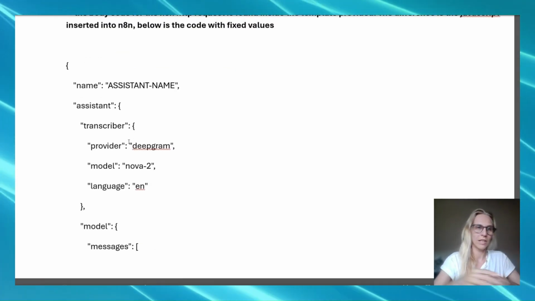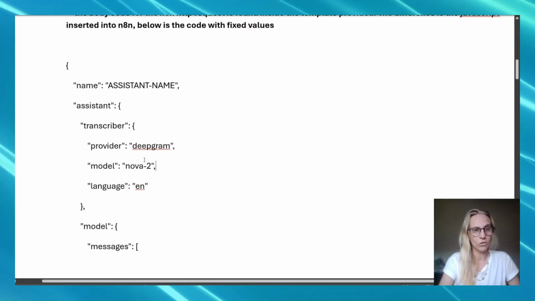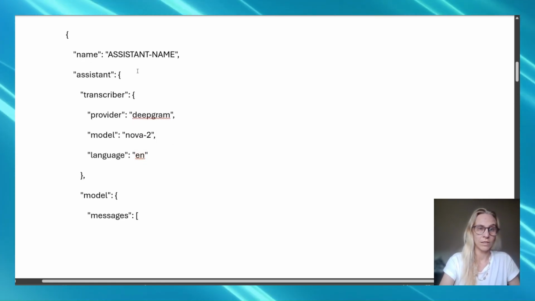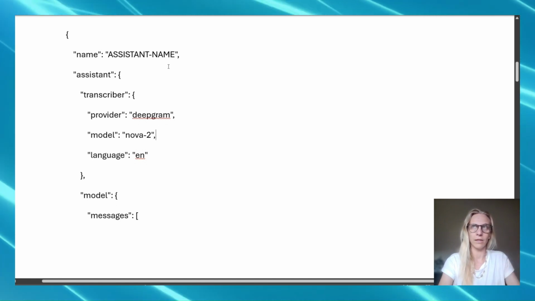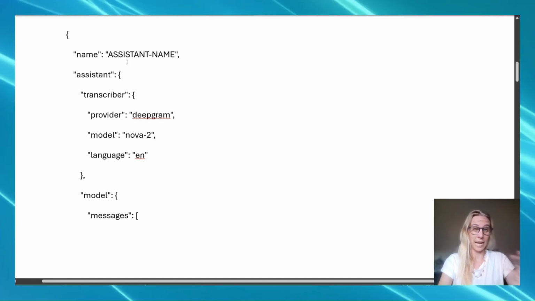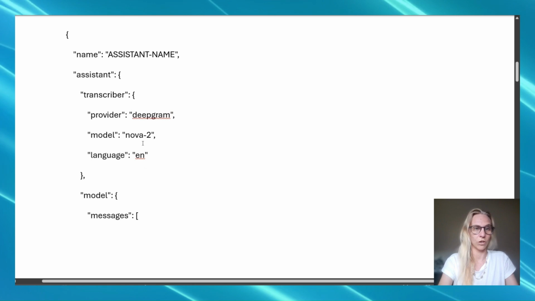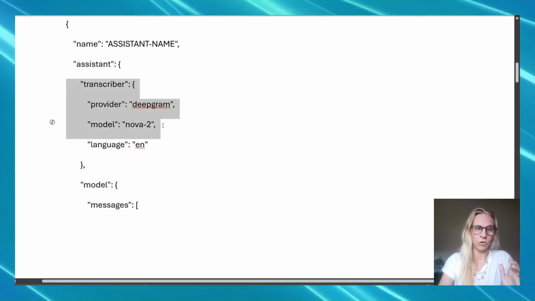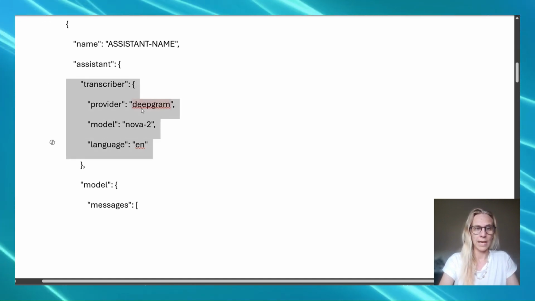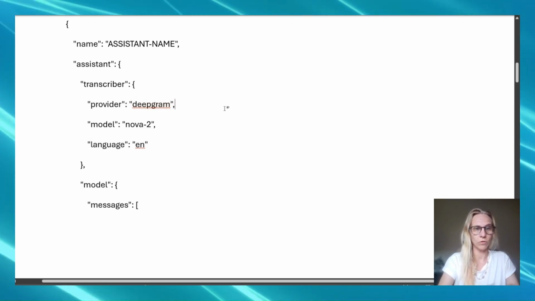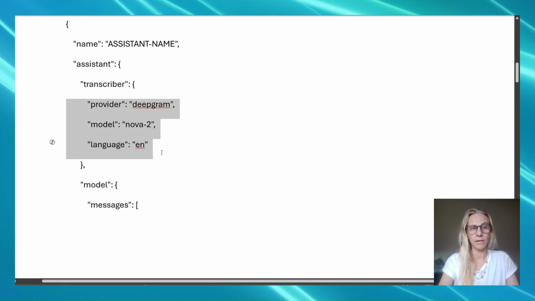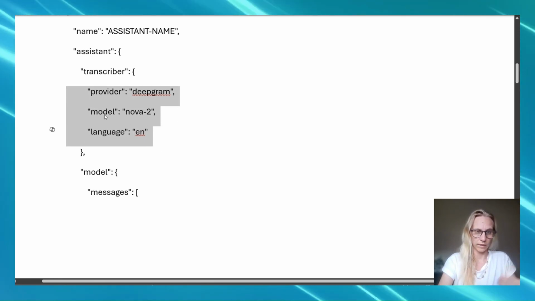I'll just go through it now. Understanding the dashboard can help you to understand the outbound call. So we've got the assistant, so you can create your own name because we don't actually draw from the assistant we just made. We're just creating our own assistant with this code. So we are calling on a transcriber. And if you recall, we had a number of different providers we could choose from. And because we chose Deepgram, these are the settings that we're going to set for that.